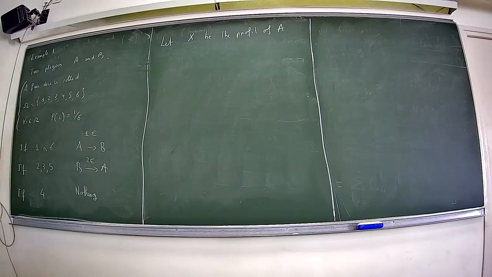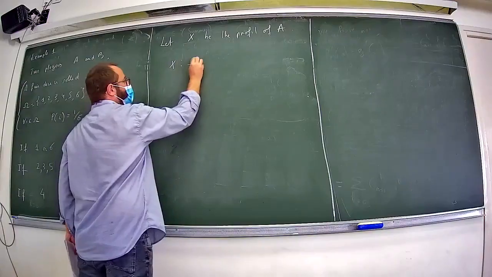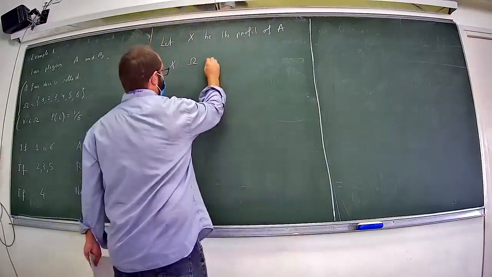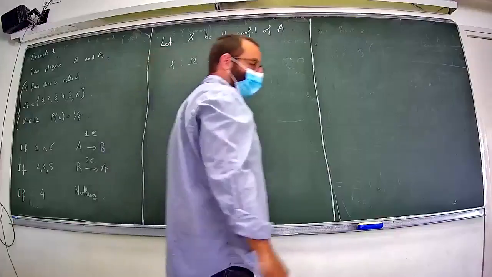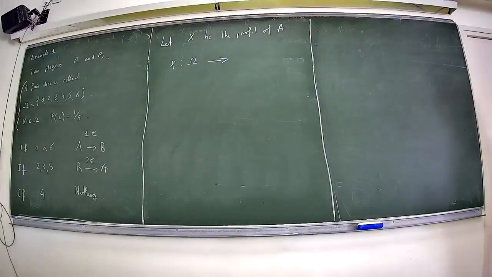So let capital X be the profit of capital A. What is capital X? Capital X depends, of course, on what happened with the dice. So capital X can be seen as a mapping from omega into what? How many possible values for capital X? If I obtain 4, my profit is 0, nothing happened.